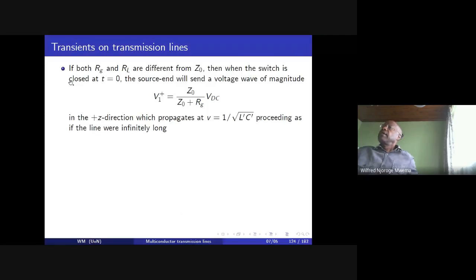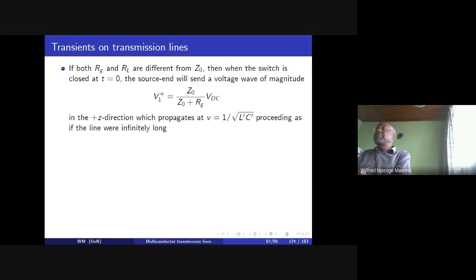Now, the problem happens when the load impedance and the source impedance of the generator, here I'm using RG and RL, are different from the line characteristic impedance. If RG is different from Z0, we first of all have a reflection coefficient at the sending end.